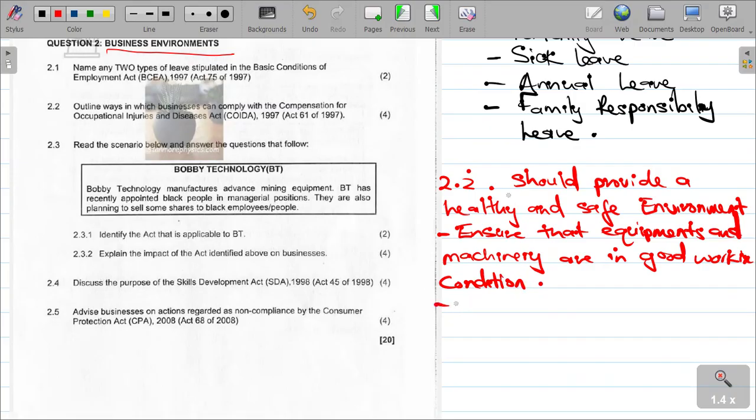And also, they're supposed to register with the Compensation Commissioner.